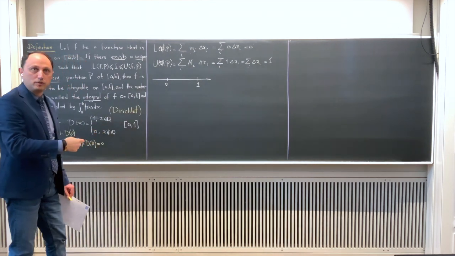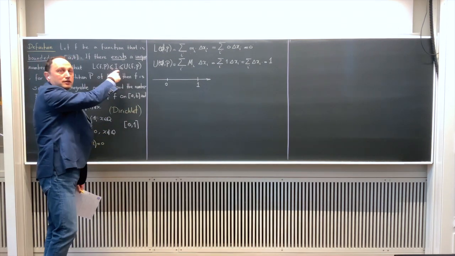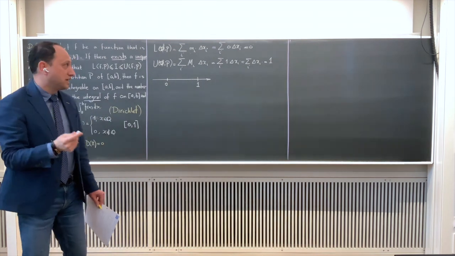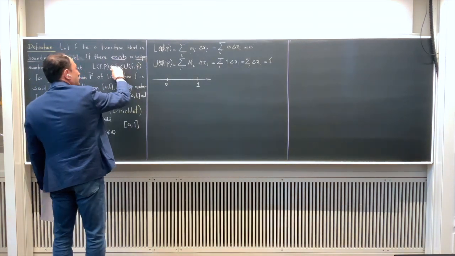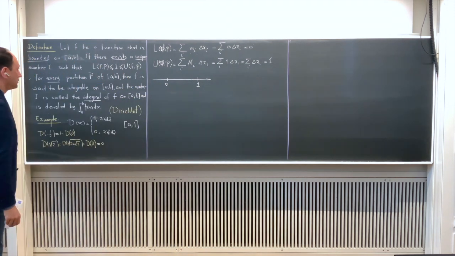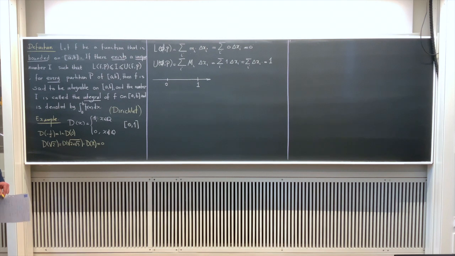And that's exactly the problem. I want to have a unique value, not infinitely many values, yes? So I found infinitely many, which makes a problem for me. So this is not integrable, yes? Is that clear? That is one classic example of a function which is not integrable.